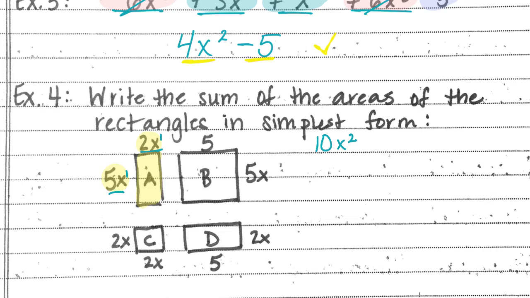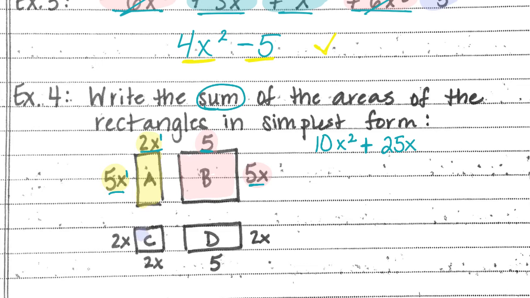All right, let's look at the next one. I know the area in the pink is 5 times 5x. When I multiply these, well, first of all, we're finding the sum, so I know I'm going to add all these and multiply these together. 5 times 5x is 25x.